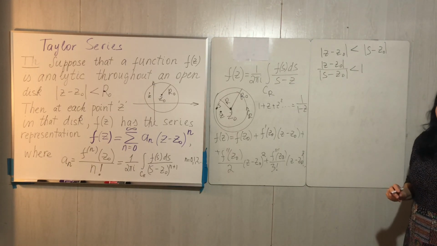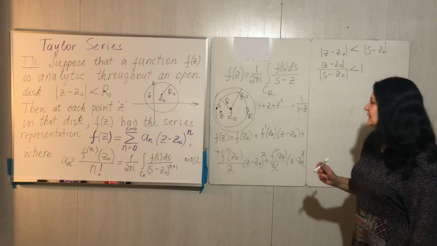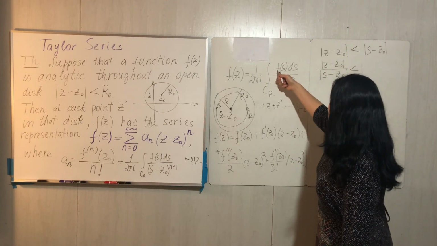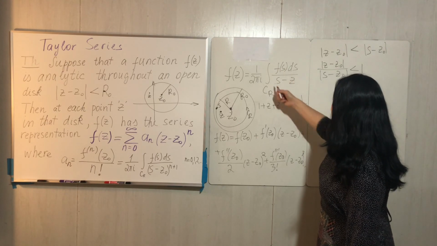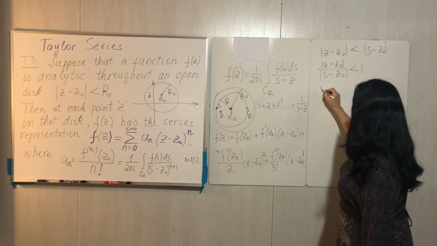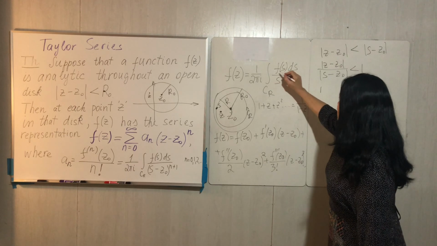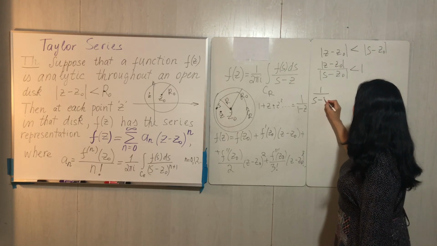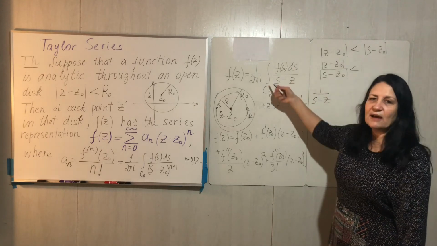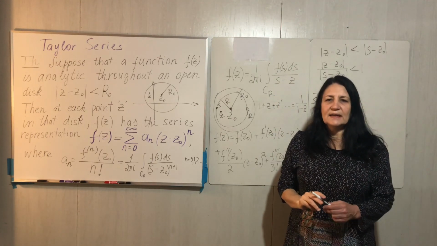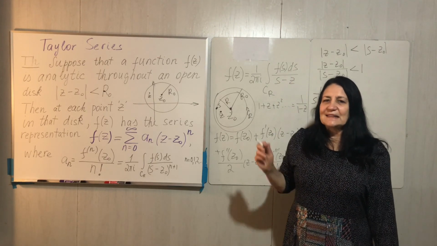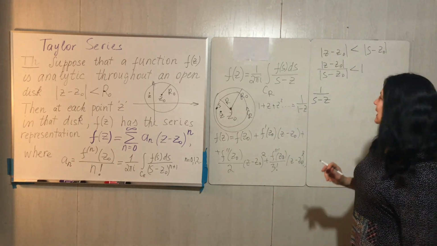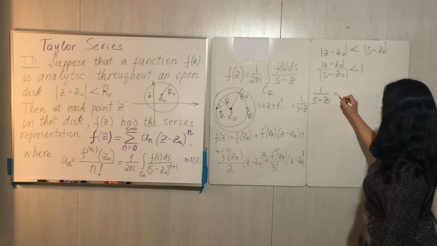So we get that the modulus of z minus z sub 0 over s minus z sub 0 is less than 1. That's what we have. Now let's look at the integrand. Let's ignore f of s so far: we have 1 over s minus z in the integrand inside our integral. Let's rewrite this function in this form.